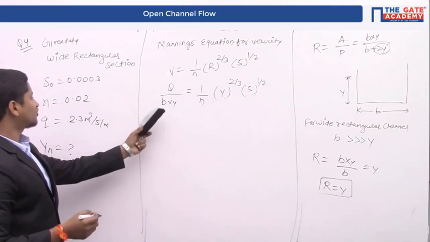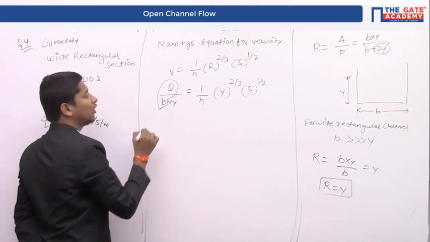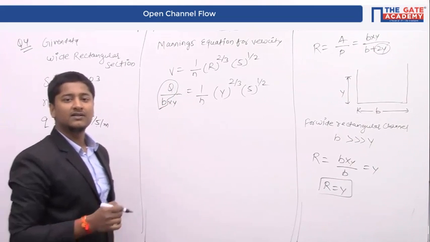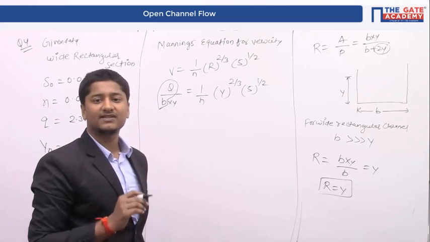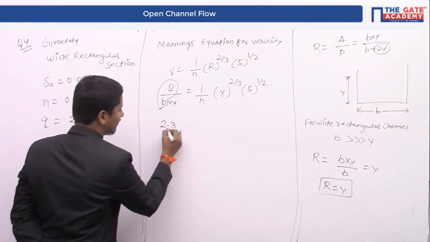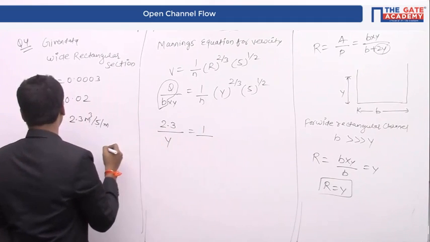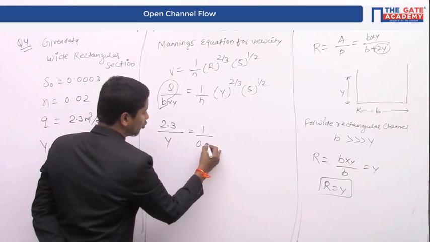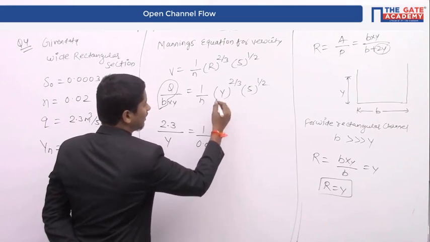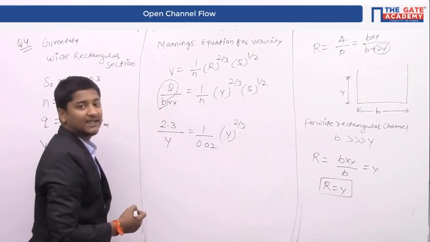Now in this question, Q upon B is something but small q. So q is given as 2.3 upon Y, 1 by n, n is given as 0.02, R equal to Y, we have to find out the Y to the power 2 by 3.